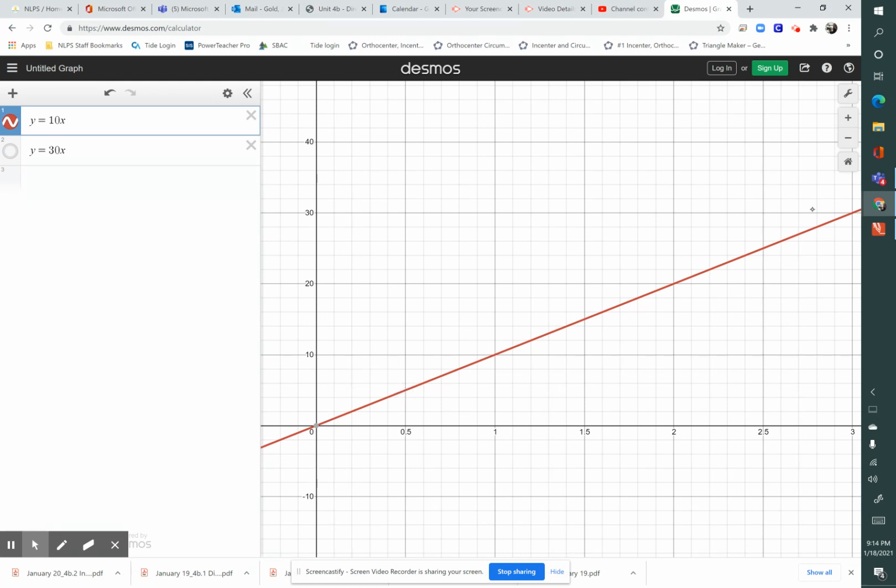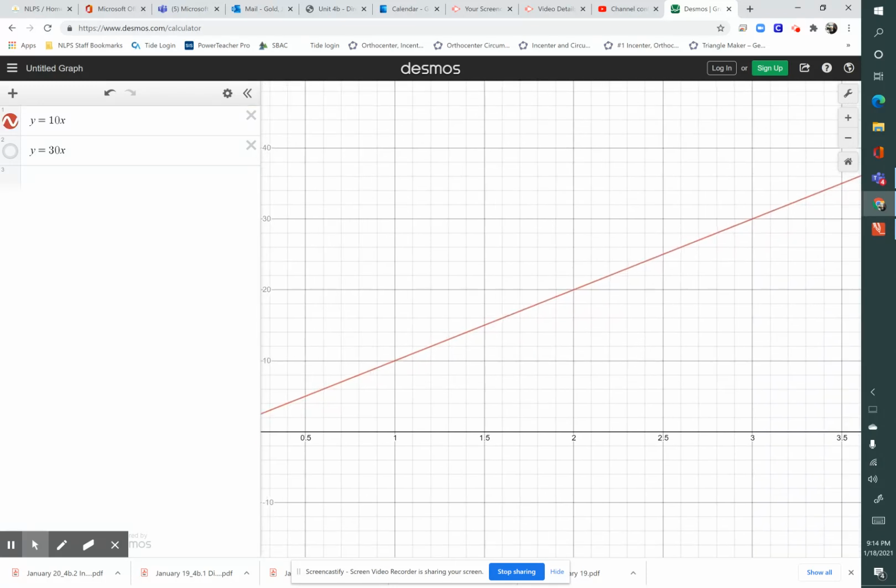If you work 1 hour, you make $10. There it is, right there. If you work 2 hours, you make $20. And if you work 3 hours, you make $30. Pretty simple.